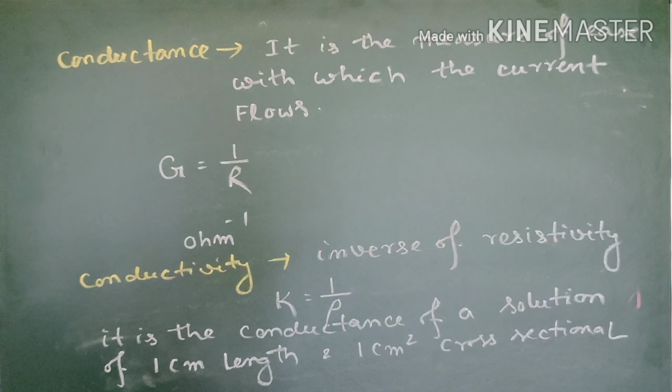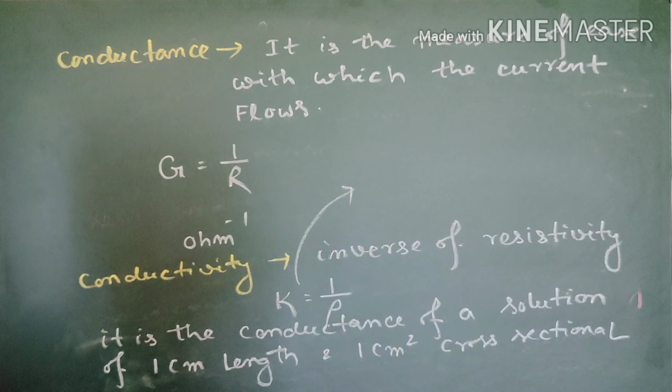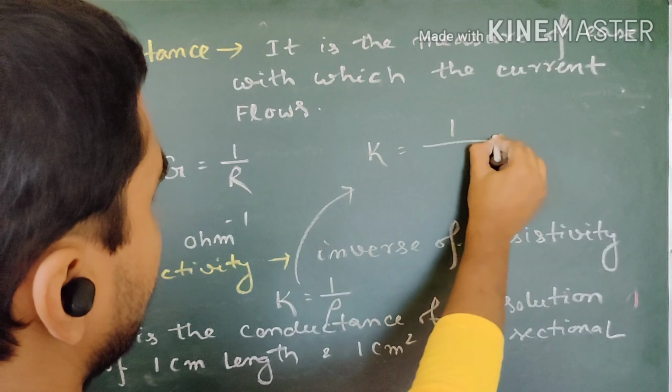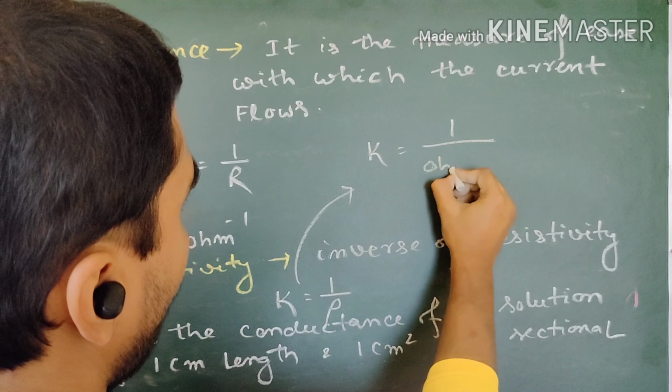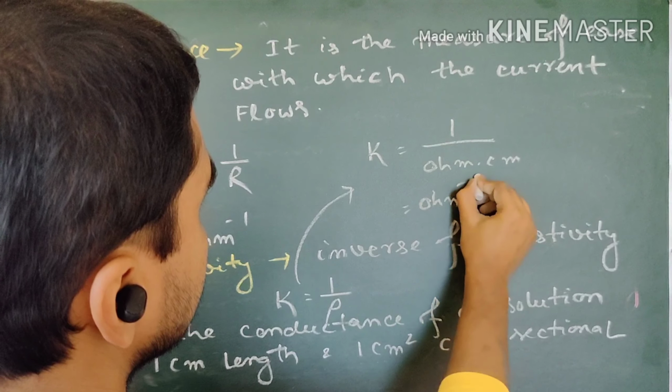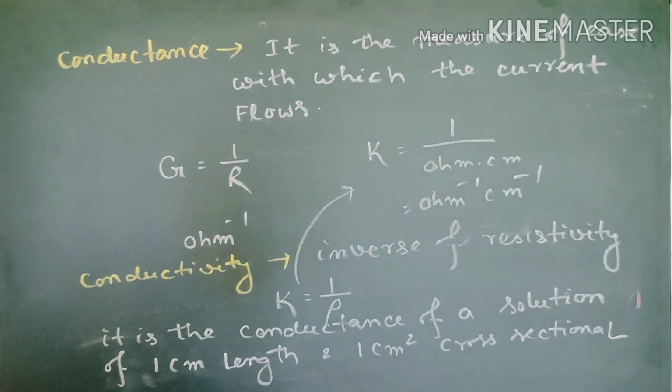If we are talking about its unit, resistivity is ohm centimeter, so this should be ohm inverse centimeter inverse, just opposite. So these are the things that we have got to know.